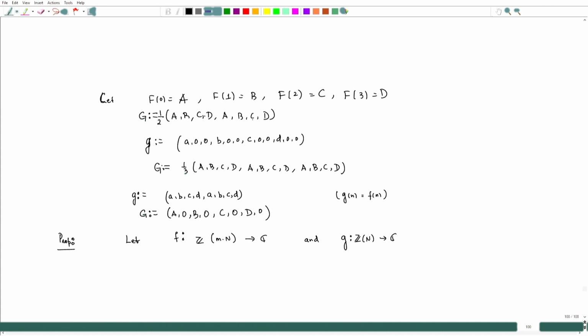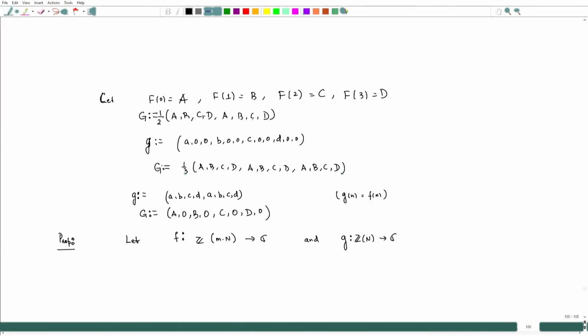So here f is given on Z_{mn}, and g is a function from Z_n to C. Then what is going to be the Fourier transform of g vis-a-vis the given Fourier transform of f?